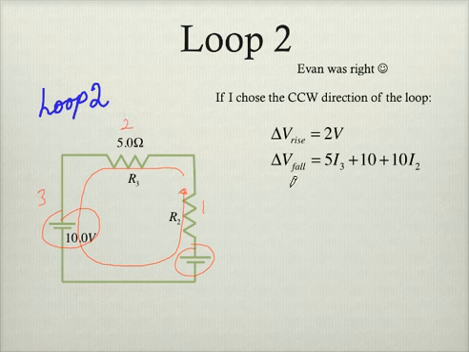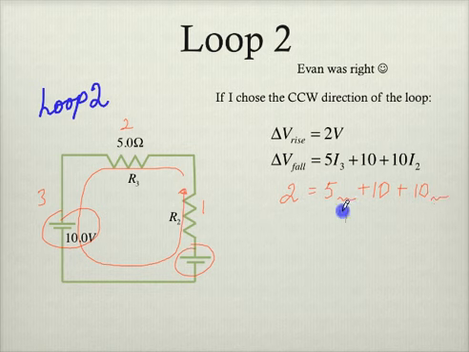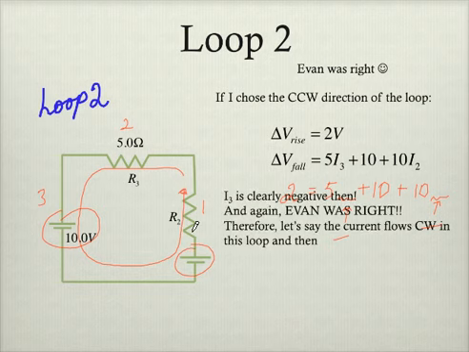If this right here is 2 and it equals 5 times something plus 10 times something, obviously that something and that something is wrong because it's negative and negative. So I was wrong choosing that direction. So Evan was right.